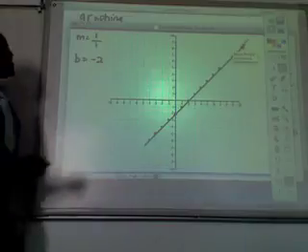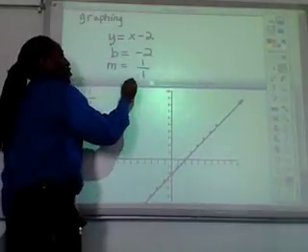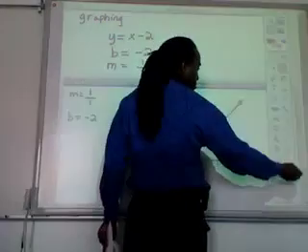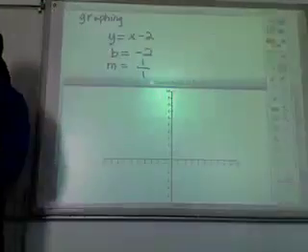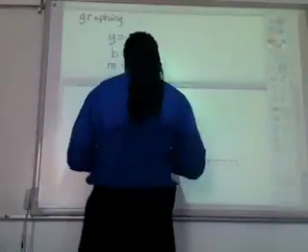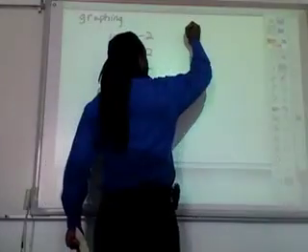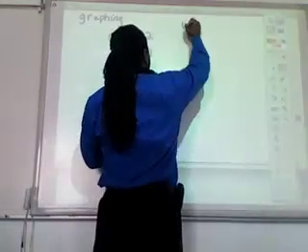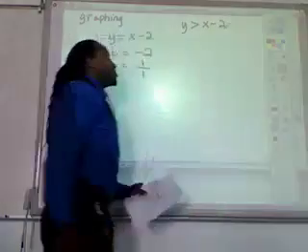Now let's take the same problem and let's turn it into an inequality. Let's see if it differs when we look at it from an inequality perspective. Let's say that we had this as y is greater than x minus 2.